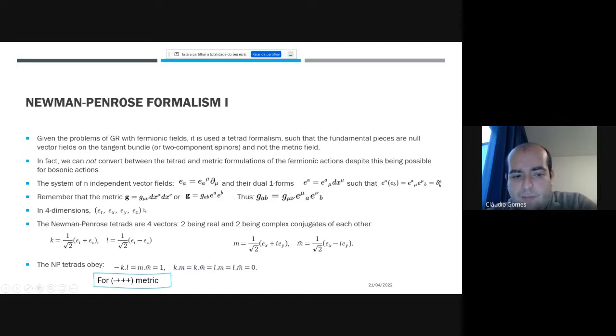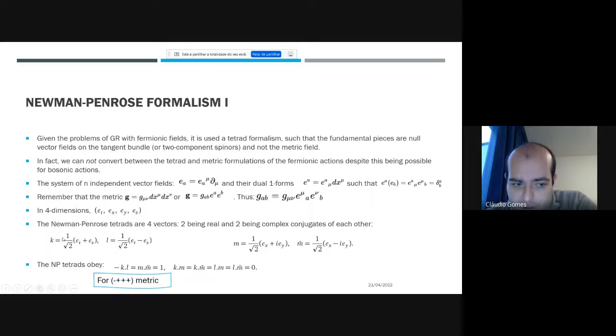So we are fine with this definition, but Newman and Penrose explored even further, and they introduced for the tetrad 4 vectors, 2 being real and 2 being complex conjugates of each other, namely k, l, m, and m bar.